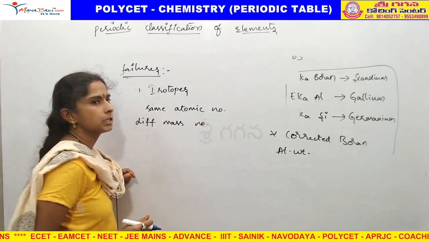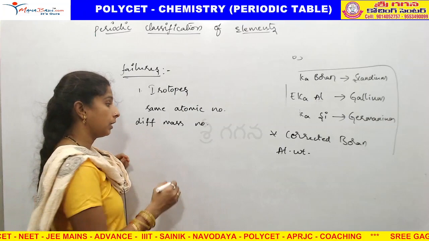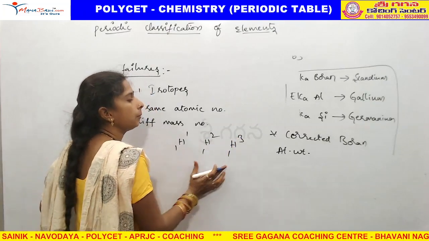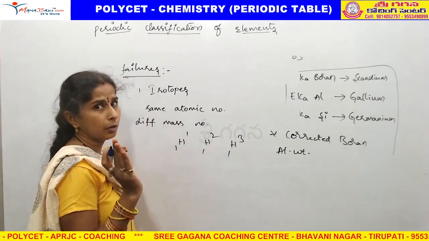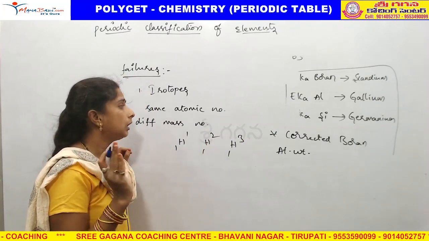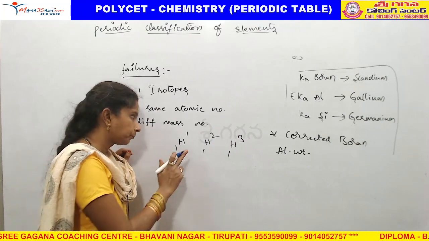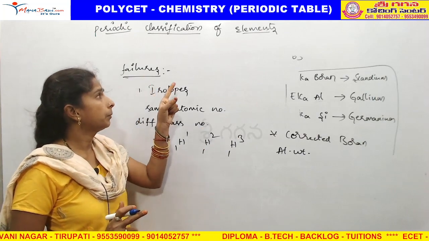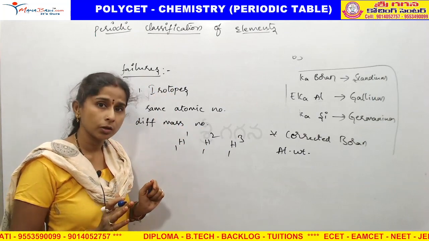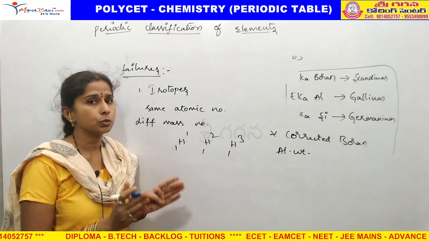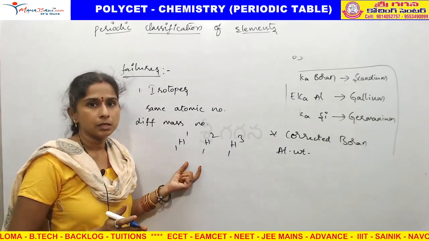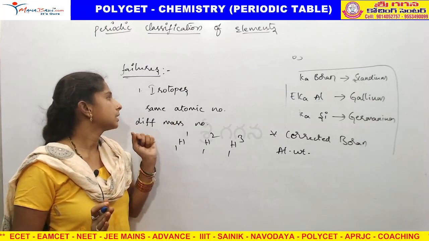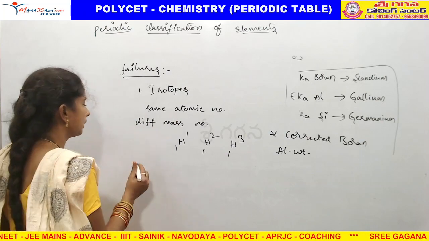Mass number is different, meaning H1, H2, H3 exist. Same element with 3 different atomic masses. His periodic table is based on increasing order of atomic weight, so these 3 would have to get different places in the periodic table. That he doesn't explain. So this is a failure of Mendeleev's periodic table.